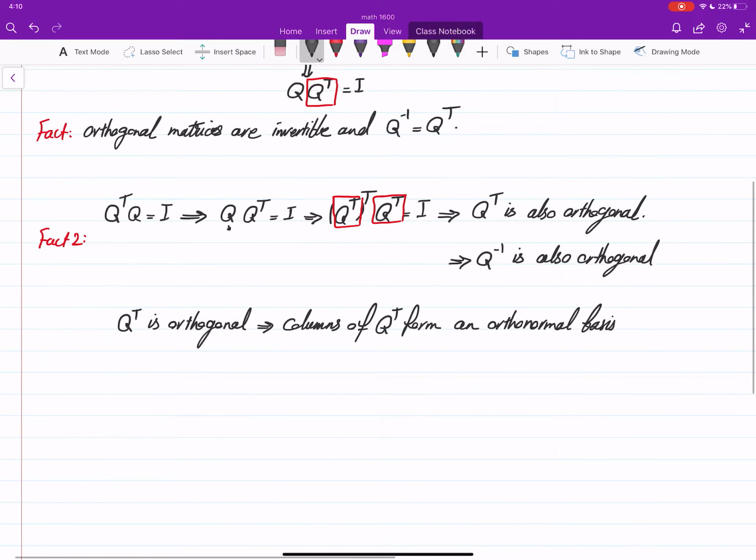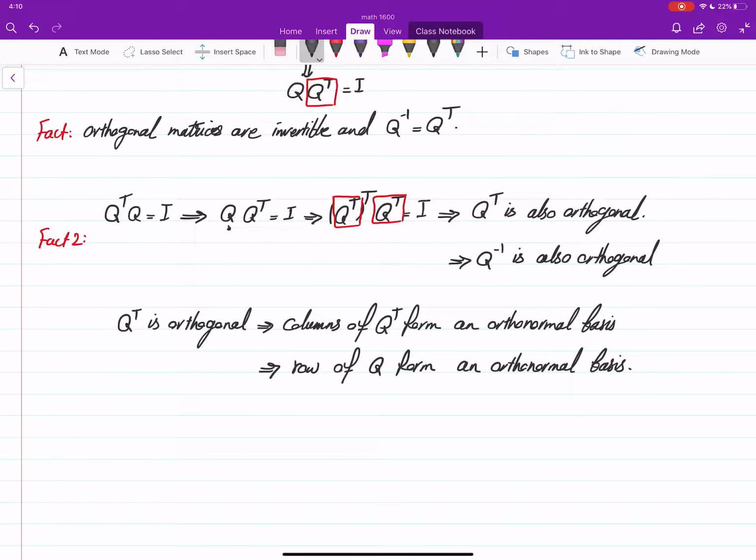But we know that the columns of Q transpose are the same as the rows of Q. So the rows of Q form an orthonormal basis.